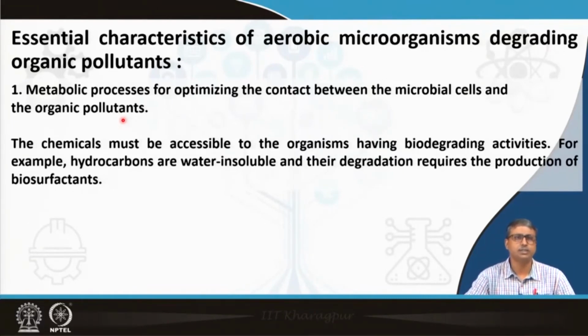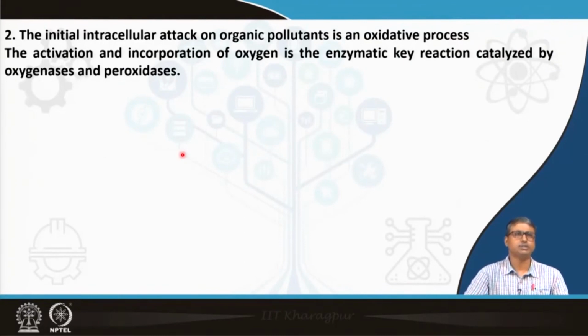The hydrocarbon molecules must be accessible to the organism having the biodegradation activity. For example, hydrocarbons are water insoluble and their degradation requires the production of biosurfactants. What we have found is that many of these biodegradative organisms are capable of producing biosurfactants, and these biosurfactants actually make these hydrophobic organic pollutants available to the microorganisms.